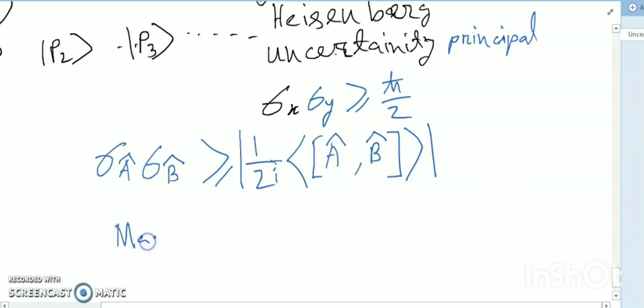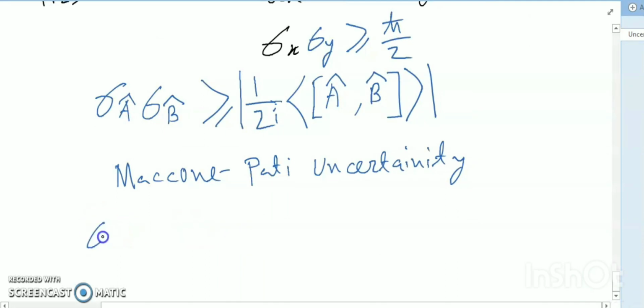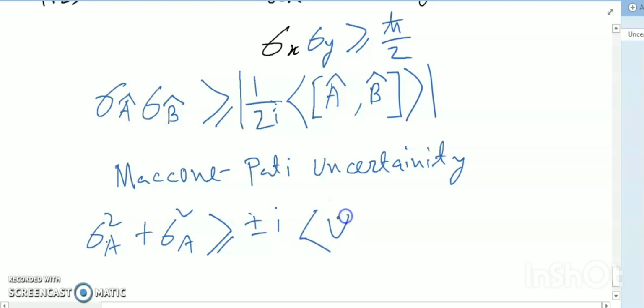Another equation is the Robertson-Schrodinger uncertainty: the square of the two standard deviations is always greater than or equal to this inner product plus minus i inner product.